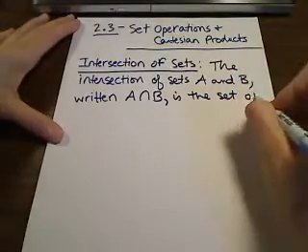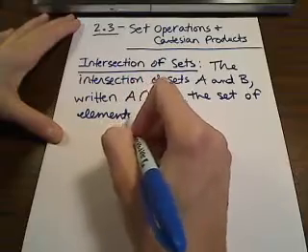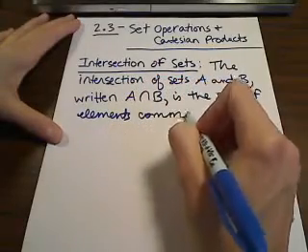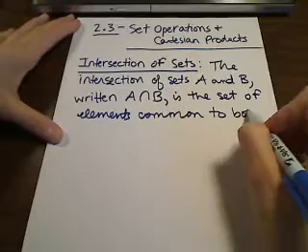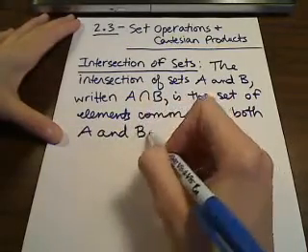And the intersection is known as being the set of elements common to both A and B.